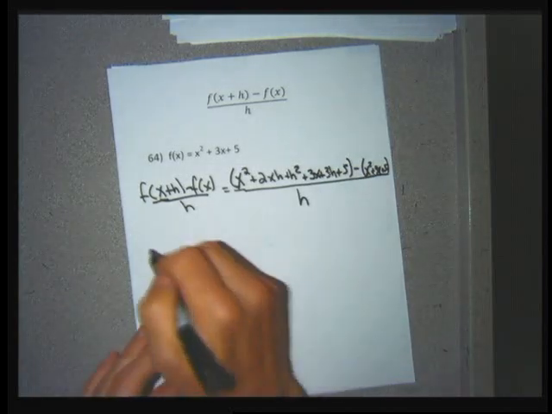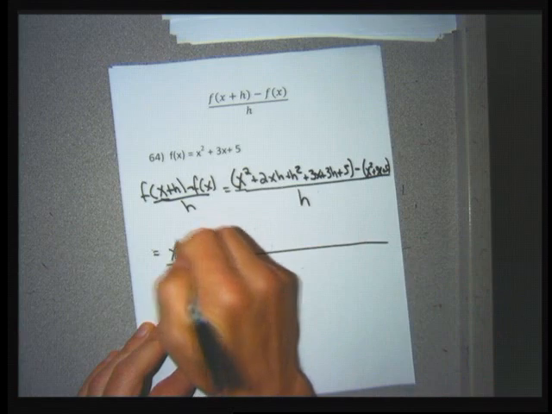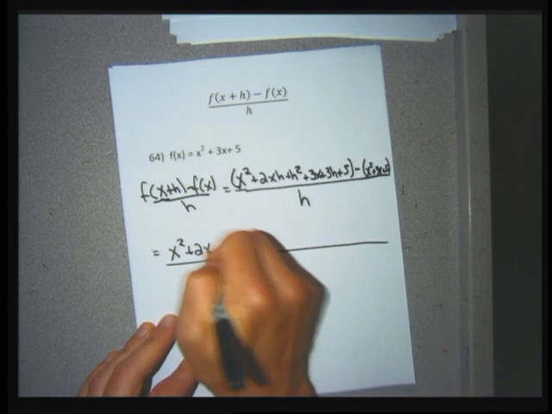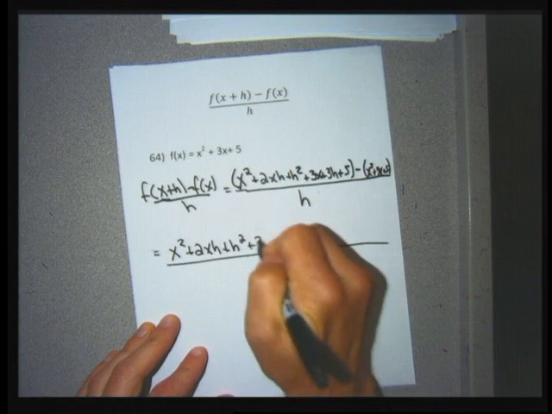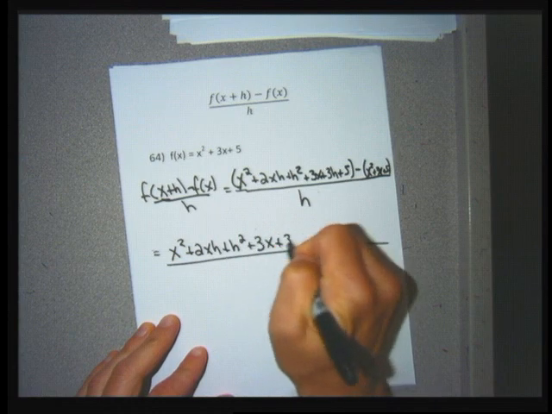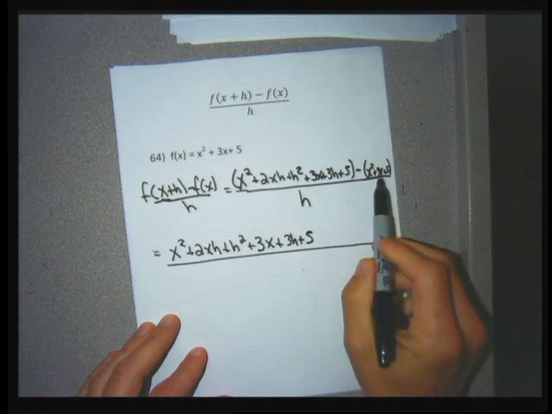Leave myself a lot of room now. The first parentheses I wrote in the numerator, x squared plus 2xh plus h squared plus 3x plus 3h plus 5, can just be written as such without any modification.